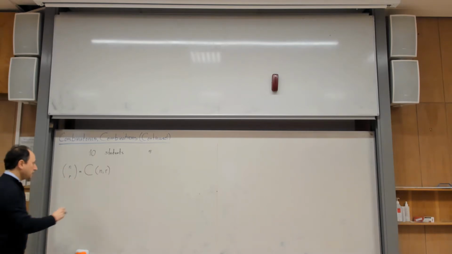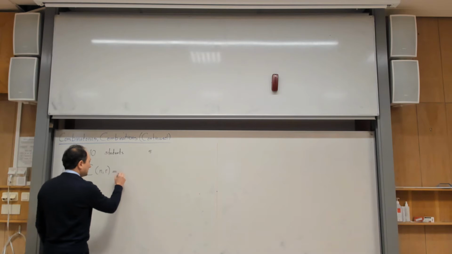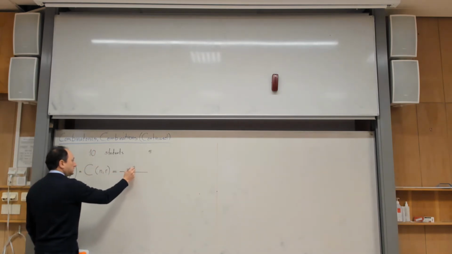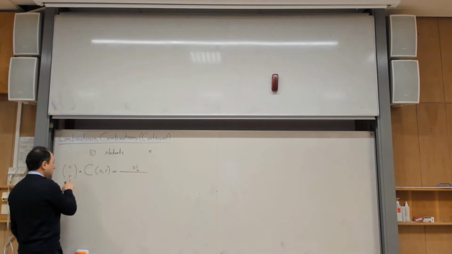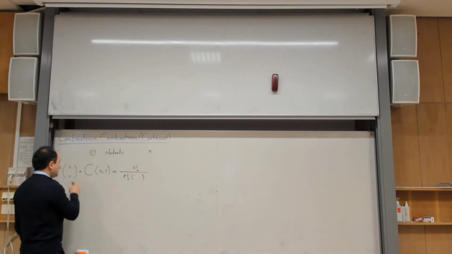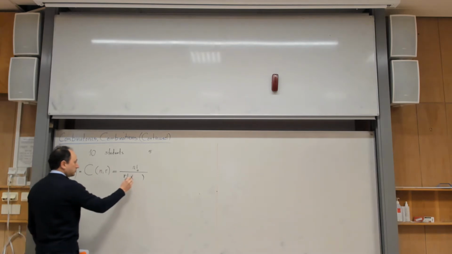Hopefully you remember the formula: n factorial in the numerator, r factorial in the denominator, multiplied by the difference of these two numbers, n minus r, factorial. Yes?